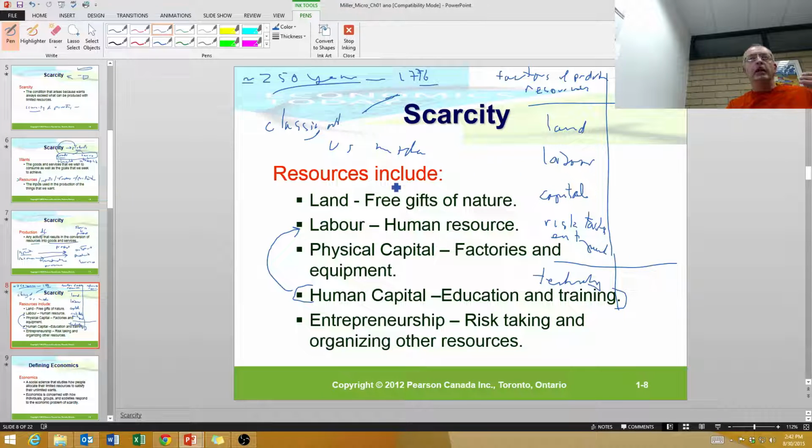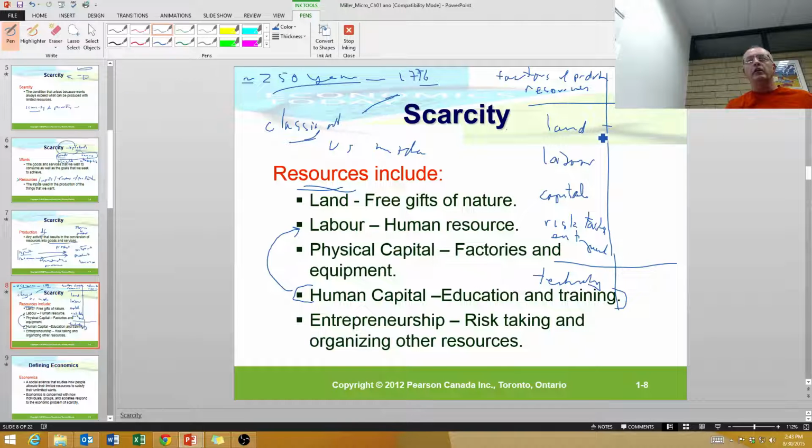But anyways, when we talk about factors of production, these economic inputs, these resources, we have returns to these factors of production. I guess I should explain what these things actually mean. So land, in classical economics, I think this concept actually comes not from Adam Smith but from another British economist by the name of David Ricardo.